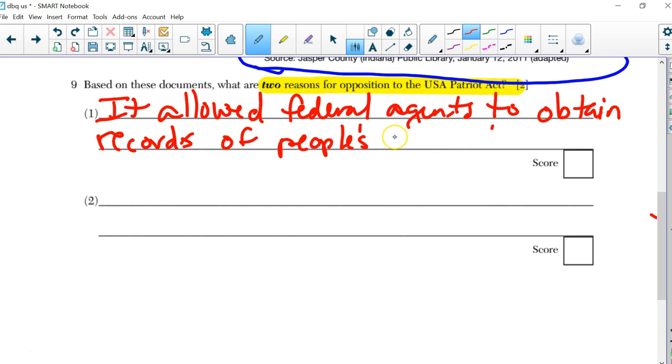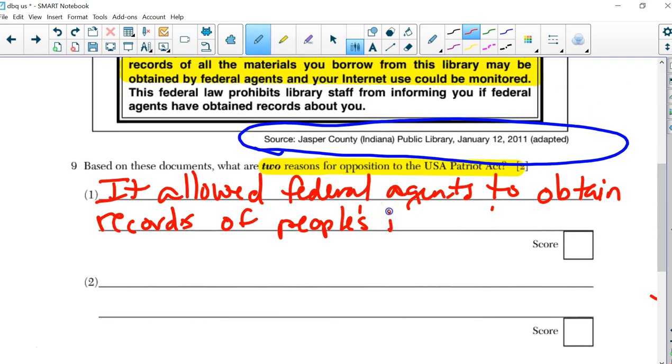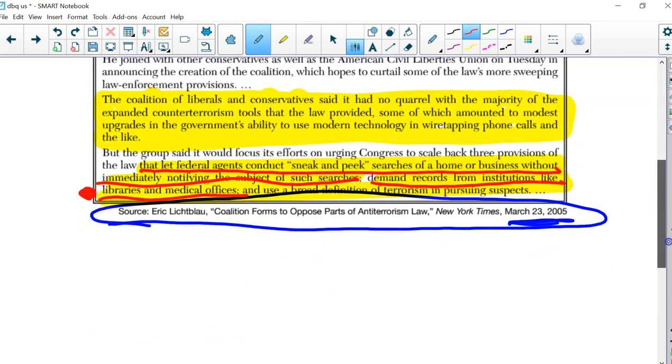You can leave reading history because they can get copies of anything, really. People's internet searches and medical records.